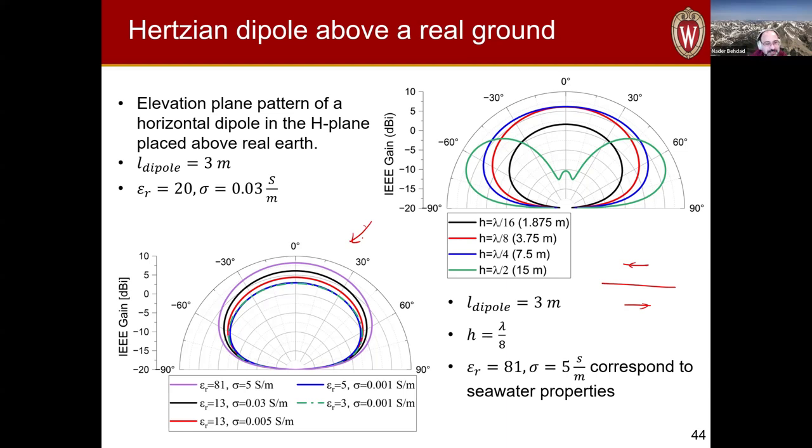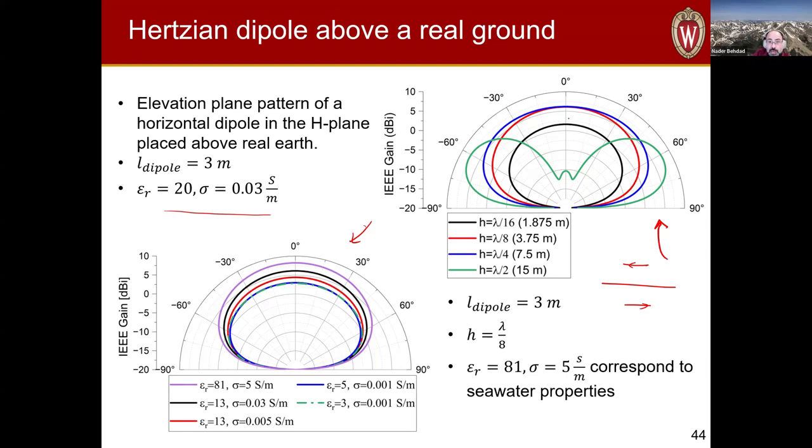I've done some simulations here, and I'm showing the radiation pattern of a 3-meter dipole antenna at 10 megahertz, placed horizontally on top of a real Earth with a dielectric constant of 20 and conductivity of 3 times 10 to the minus 2. What we are looking at in this figure is what happens to the radiation pattern of this antenna as a function of the height of the antenna above this real Earth.